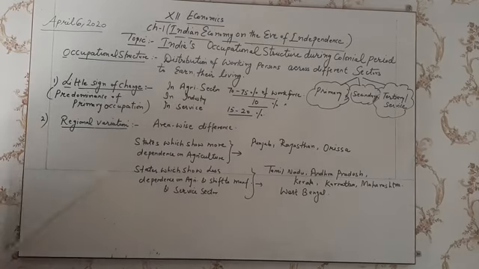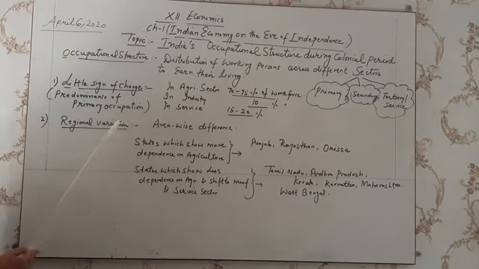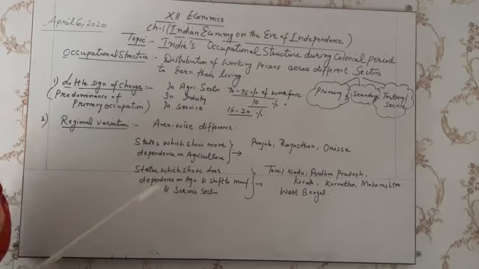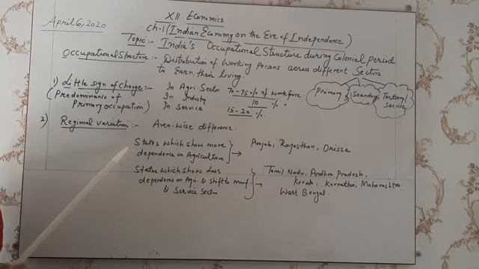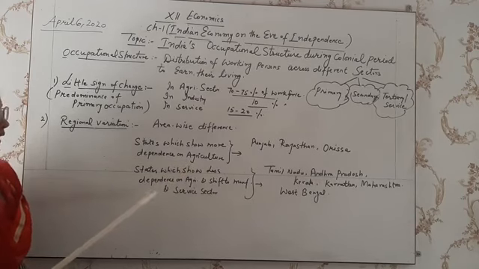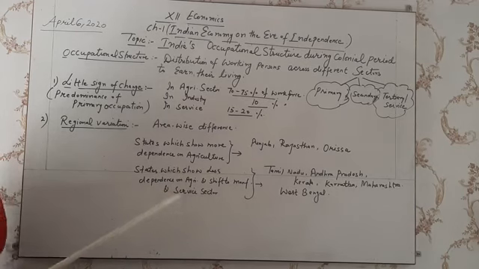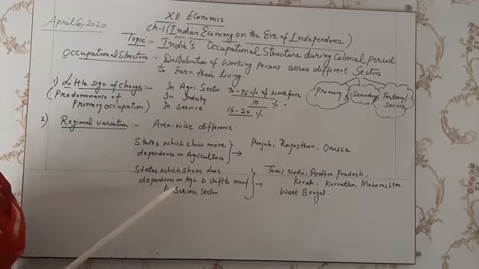And the second feature is regional variation. Regional means area wise and variation means difference. So there was area wise difference at that time. What does it mean, area wise difference? It means some states of India show high dependence on agriculture and some states of India show less dependence on agriculture and were shifting from agriculture to manufacturing and service sector.